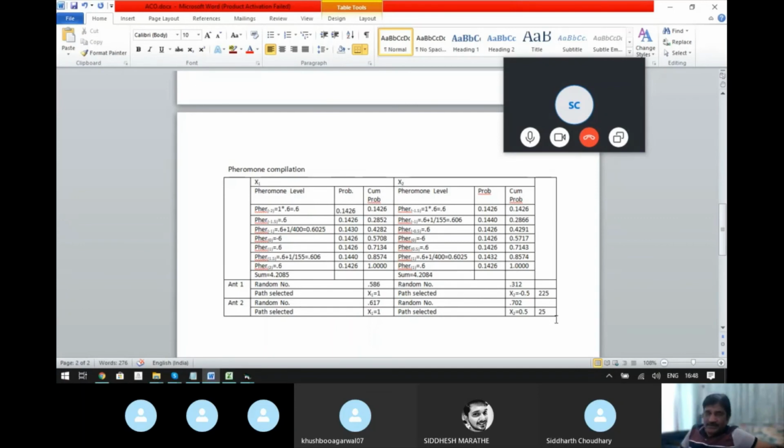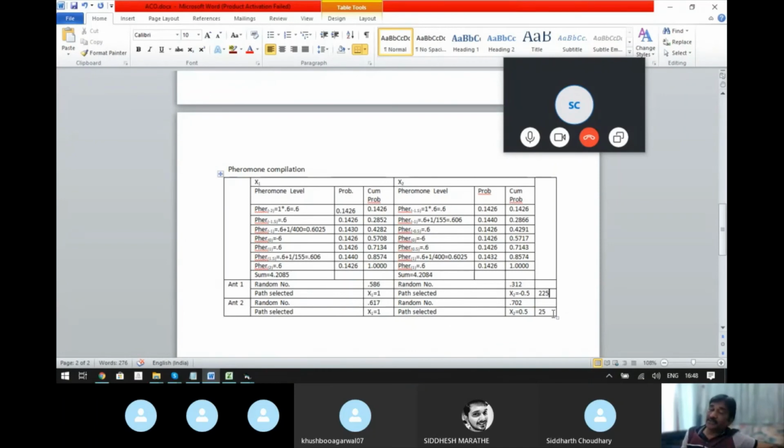Because here, on the higher function value path, x1 equal to 1 and x2 equal to -0.5, the pheromone deposition is 1 by 225, and on the path x1 equal to 1 and x2 equal to 0.5, pheromone deposition is 1 by 25.